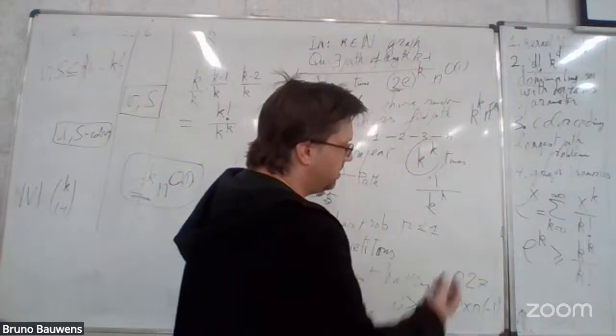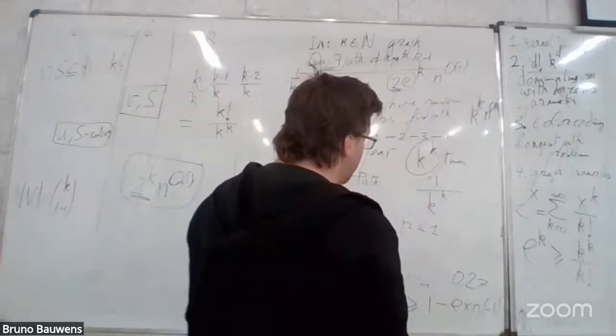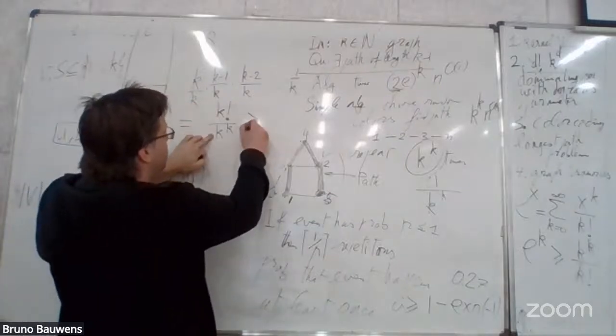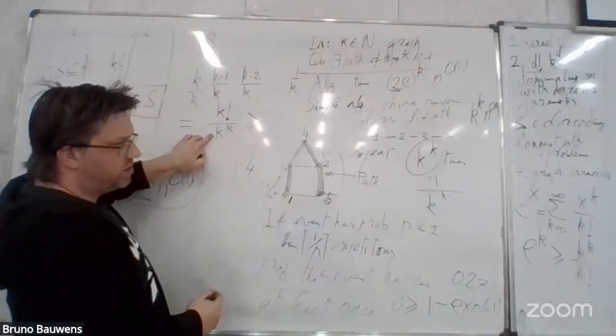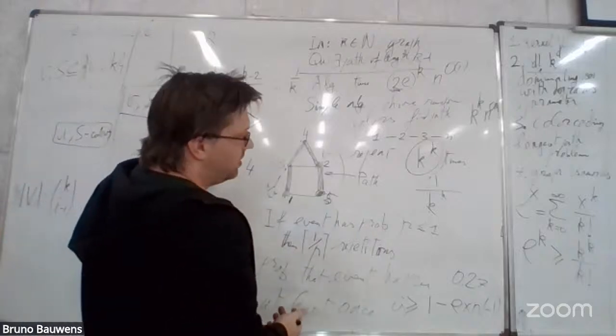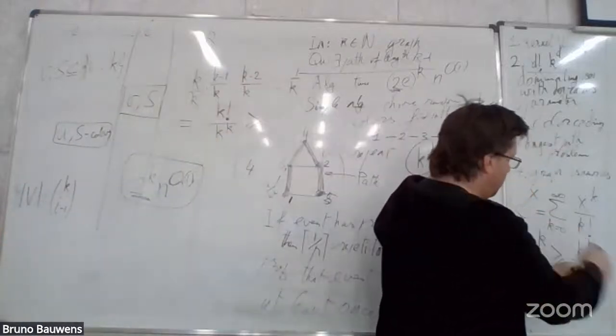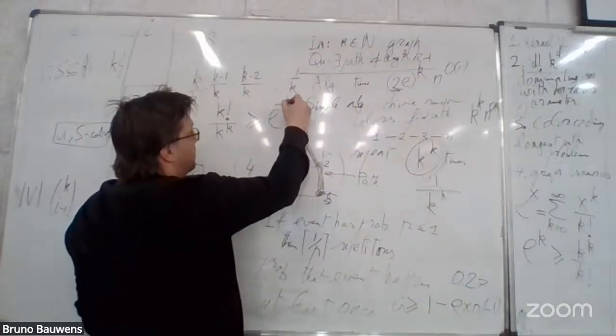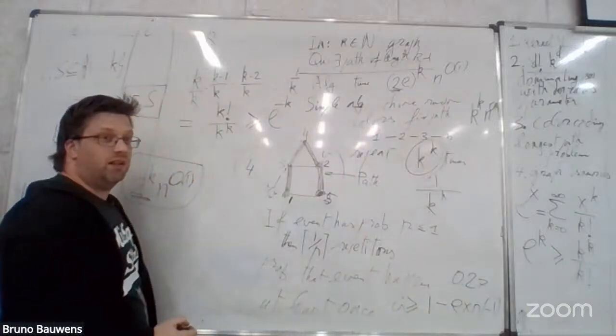And so this is precisely what we need. We need the probability, k factorial divided by k to the power k, to be bigger than something. To get that something, we flip over everything. And so we know it's bigger than e to the power minus k.